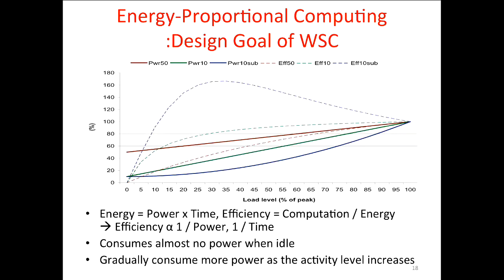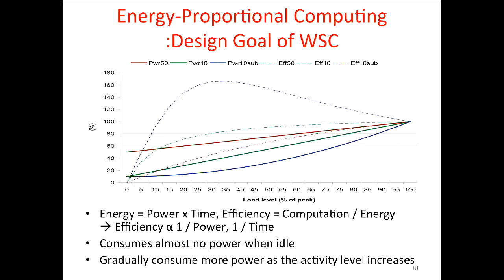So it looks very desirable because it consumes less power as its utilization goes down. However, from the energy point of view, this brown dashed line shows its energy efficiency here.